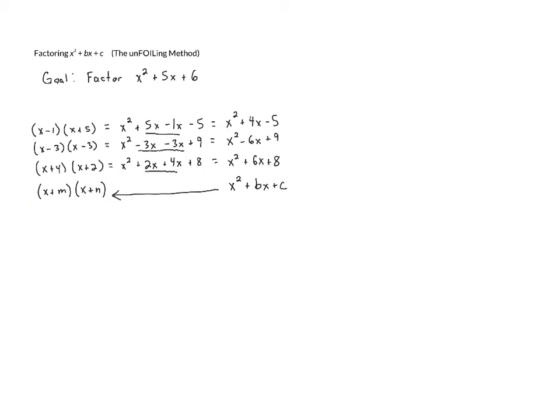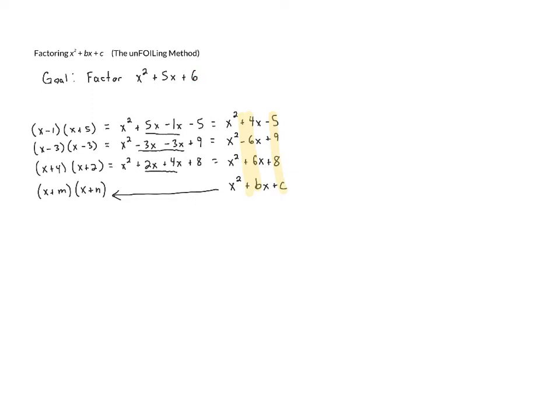And so we're going to play detective here because we're going to be given certain information and we need to use that to figure out what the result is going to be. So the information that we're given is actually b and c. We're given these two numbers. In this case, b is 5 and c is 6.